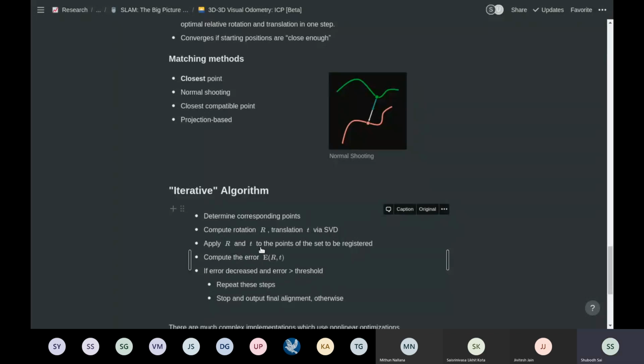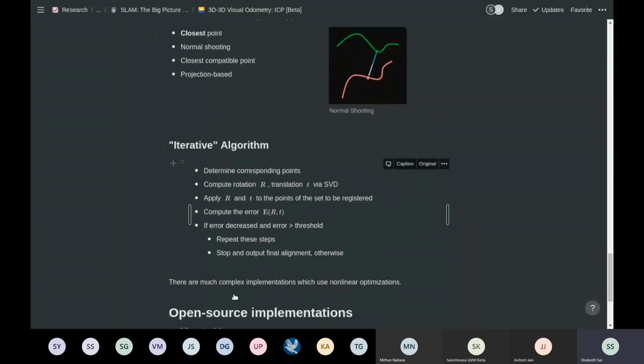Then you apply RT and get the point clouds closer. They are still not completely registered, but they are more corresponding now. Compute the error; if it's greater than a particular threshold, repeat these steps, otherwise you can stop.